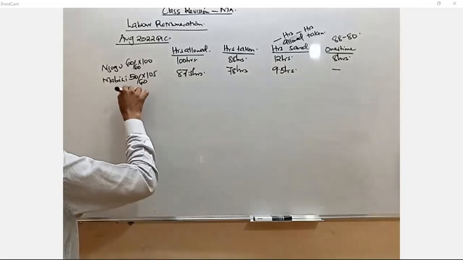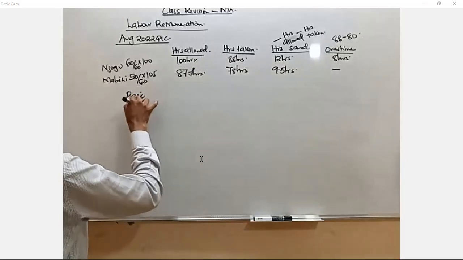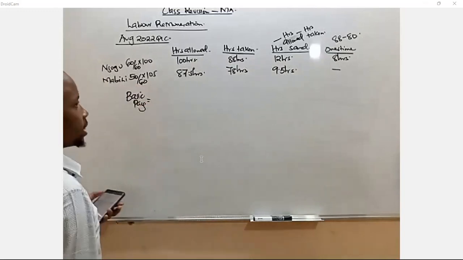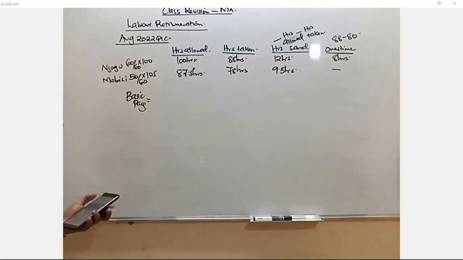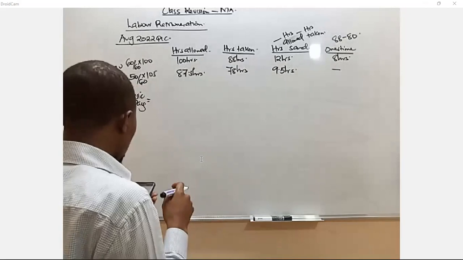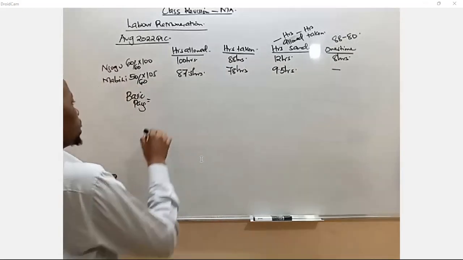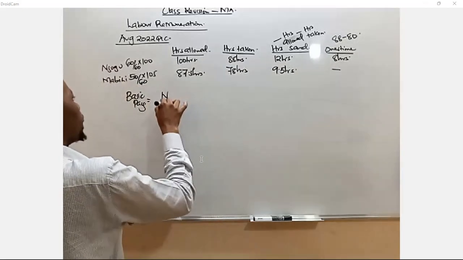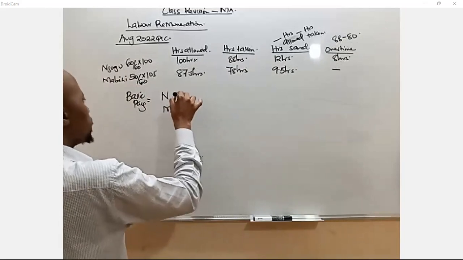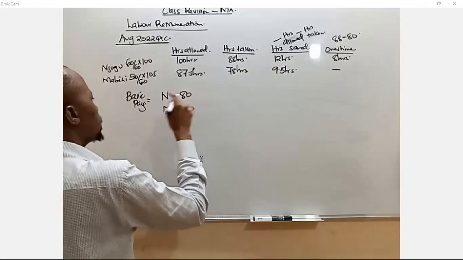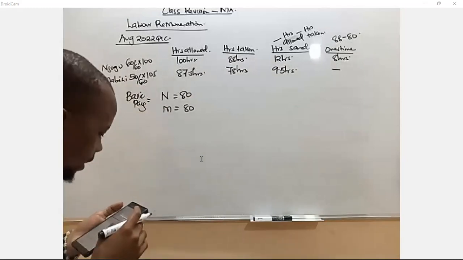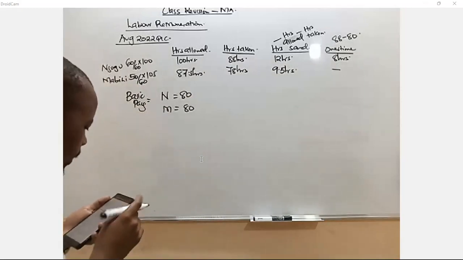Then, even don't look on the requirements. Start by calculating your basic pay. You start calculating the basic pay, and we say the basic pay normally comes from a basic working week hours. So in this case, we are talking about 80. Everyone is required to work for 80 hours. And the basic wage rate is 360.